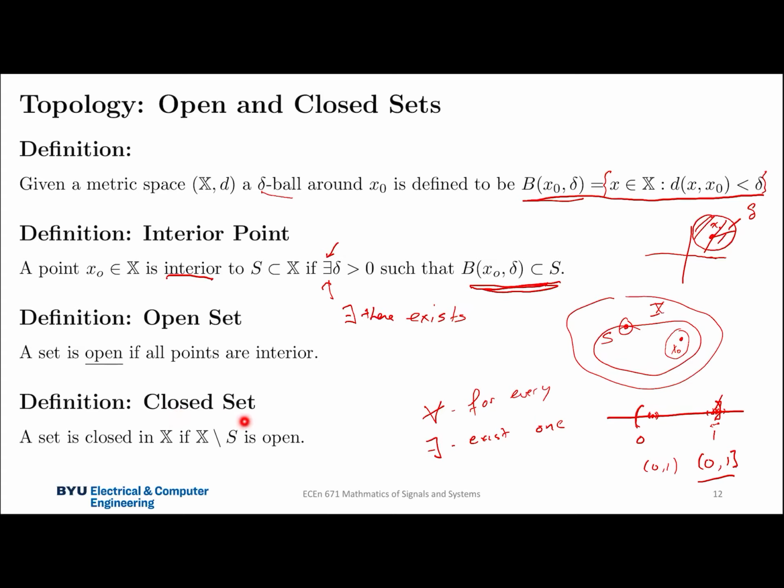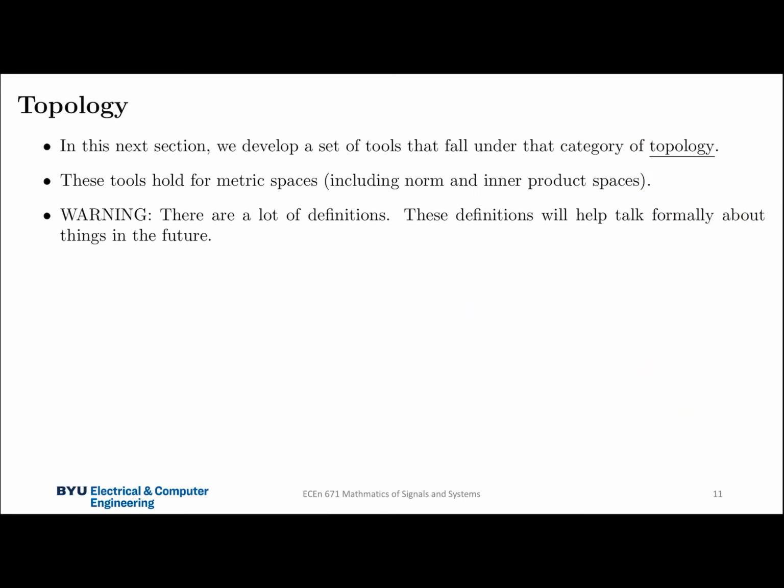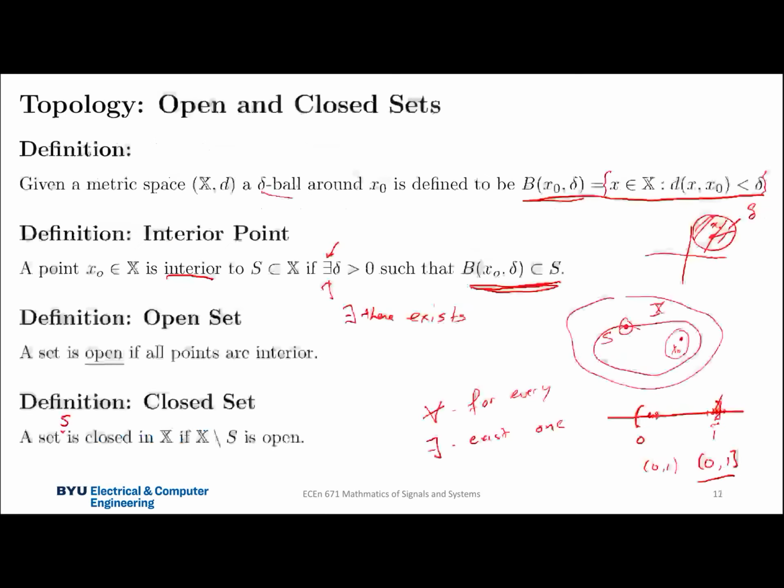Okay, now we can conversely define a closed set. A set, I guess this should be a set S, is closed in X if X, and this notation here is set minus.